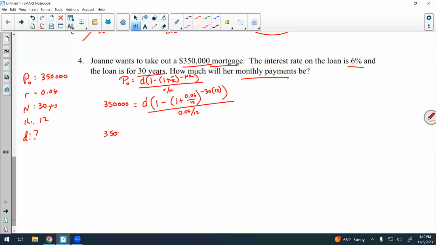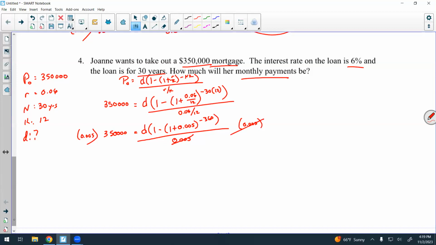So 350,000 equals D times 1 minus 1 plus 0.005 to the negative 360th power over 0.005. So I can multiply both sides again.